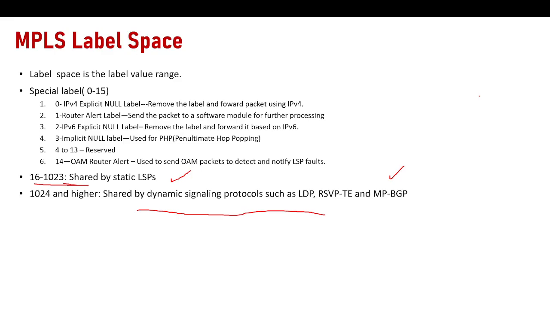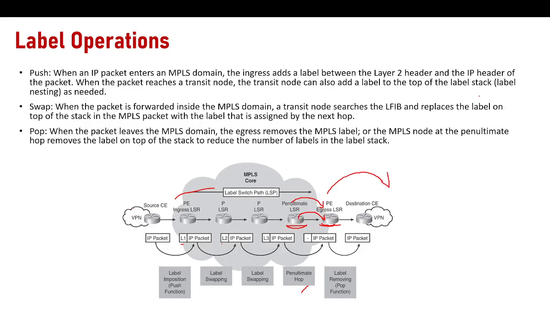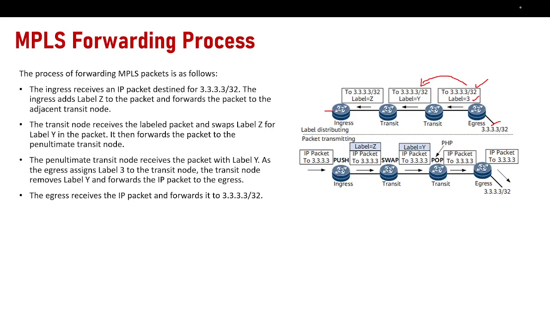So, back to this slide, number 3 is the implicit null. We call it implicit null, and Isaac, you are right also, it's used for PHP. But the label itself we call the implicit null label. If this device is sending label number 3, it's telling the penultimate hop that if you are sending me traffic to this destination, this network is connected to me.